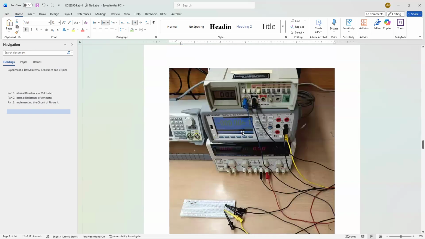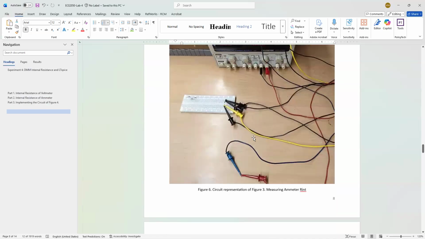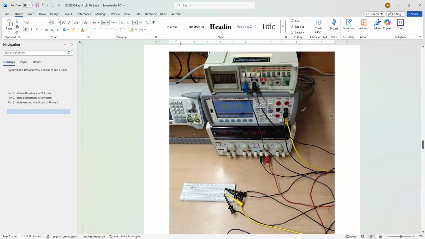Unfortunately, I gave some pictures to students just to help them, but some students just copied the circuit, and they did not even learn how to connect a meter, how to use an ammeter or voltmeter, or how to use the power supply. This is going to be a problem in coming labs.